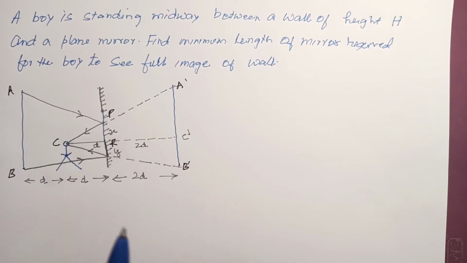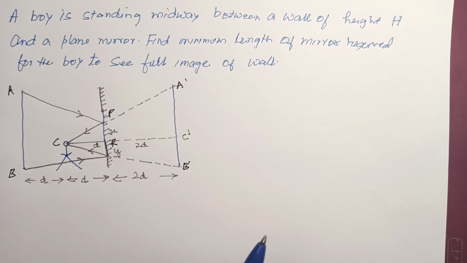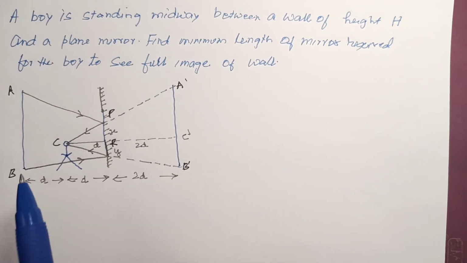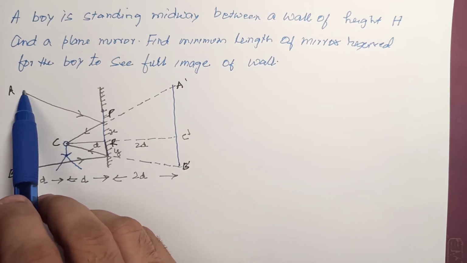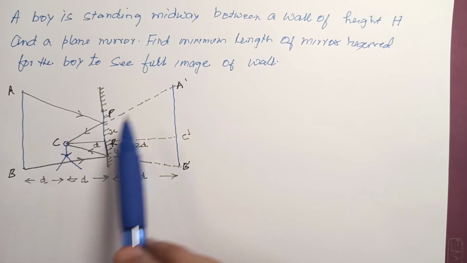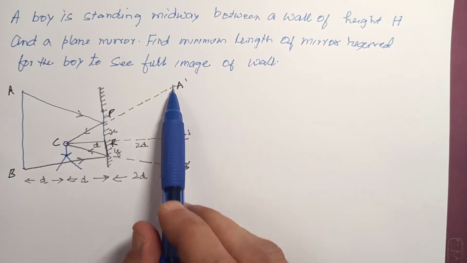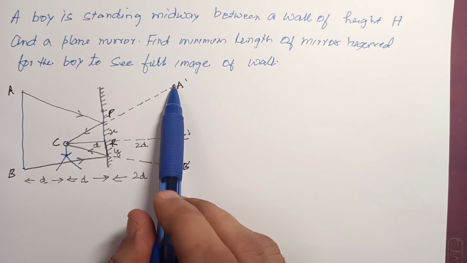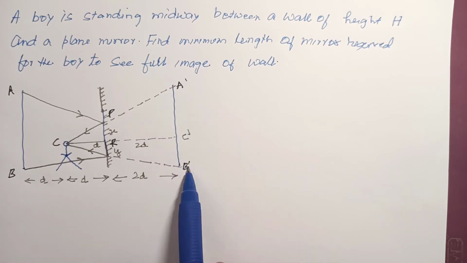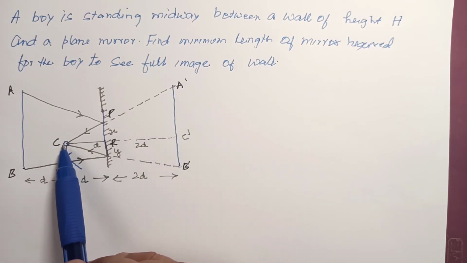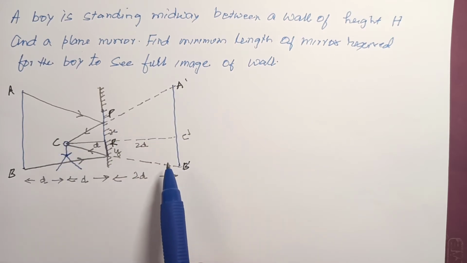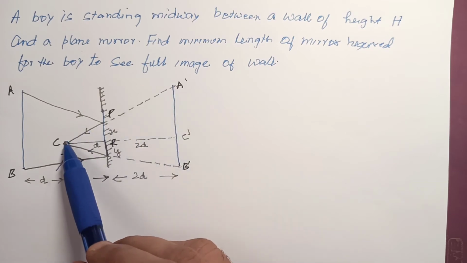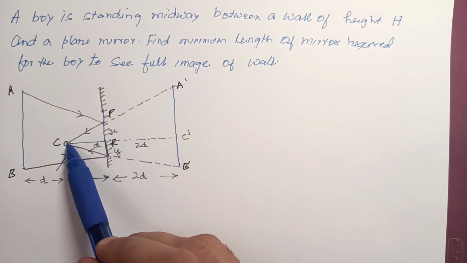Now again, let me reiterate how I have drawn this ray diagram. First of all, this is the wall, the height of the wall, and this is its reflection here. The peak points of the wall are this and this, and we have to make sure that through this eye, this point and this point are visible. So we connect them by a ray.